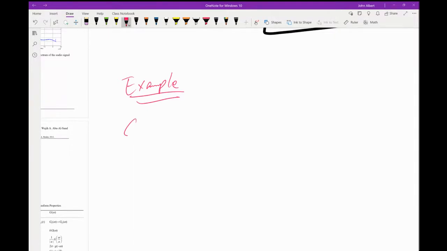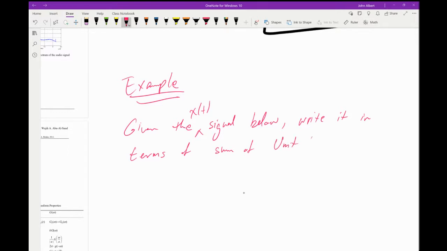Example: given the signal x of t below, write it in terms of a sum of unit impulse, unit step, and unit ramp functions.